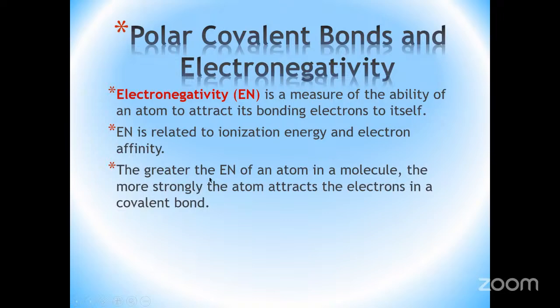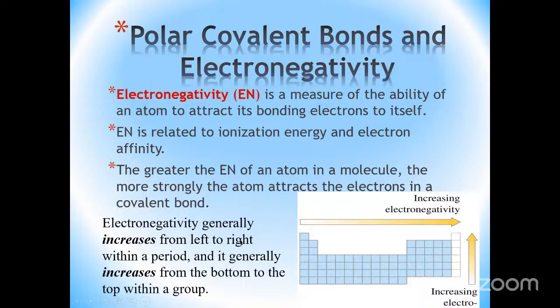Therefore, the greater the value of the electronegativity, the greater the attraction that atom will have for electrons that are shared. As far as trends in the periodic table, the electronegativity increases going from left to right and going from bottom to top of any group. All right.